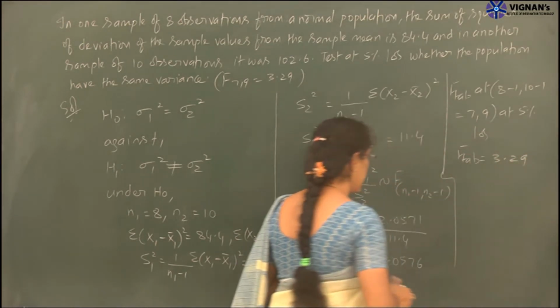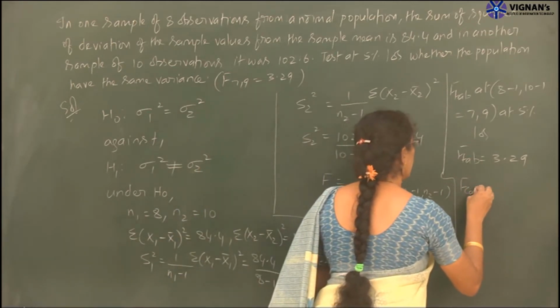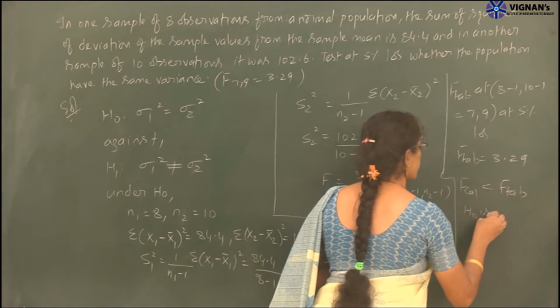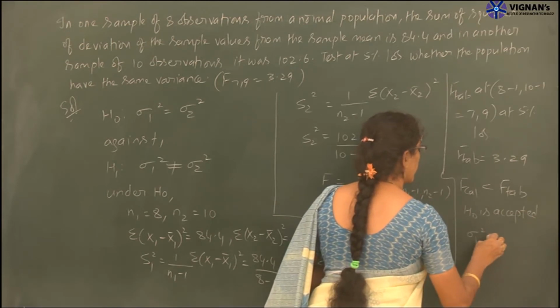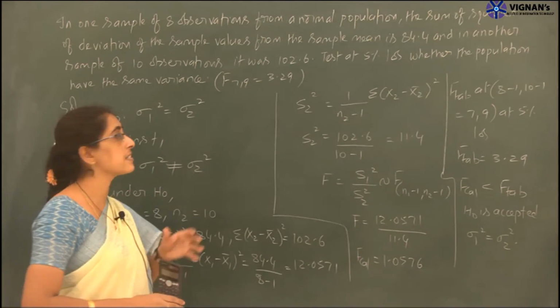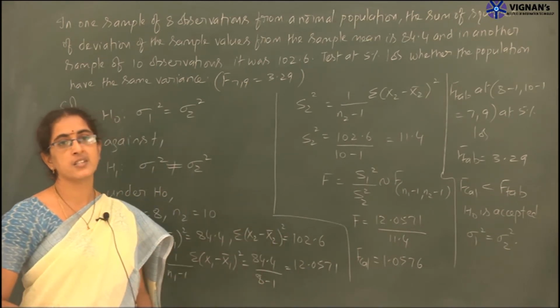So F cal is 1.0576, which is less than F tab. So H0 is accepted. That means sigma 1 square is equal to sigma 2 square. So there is no significant difference between the two population variances. That is the conclusion for this problem.